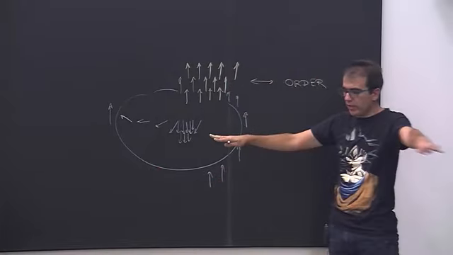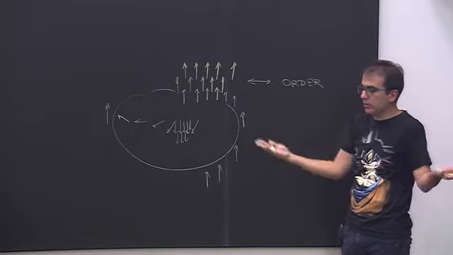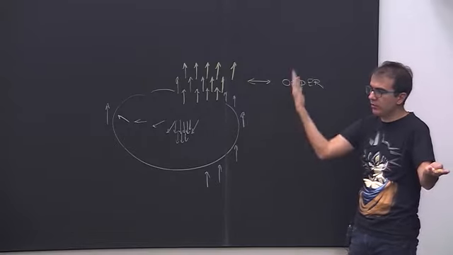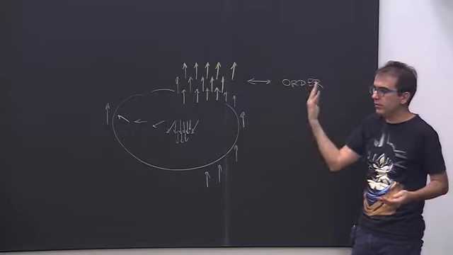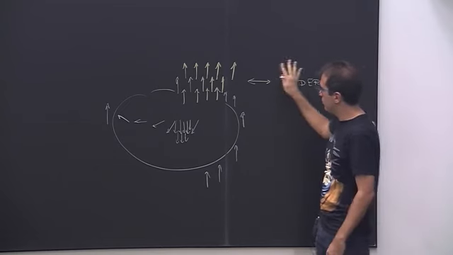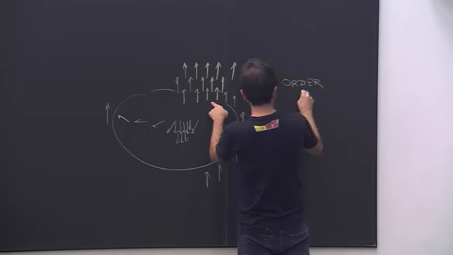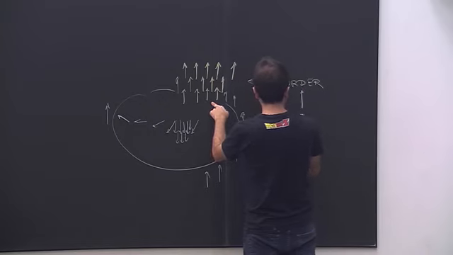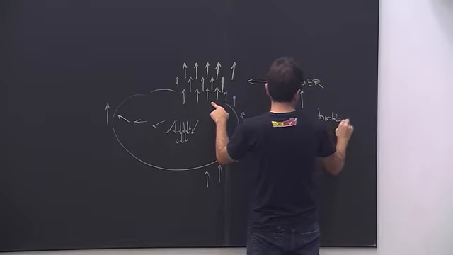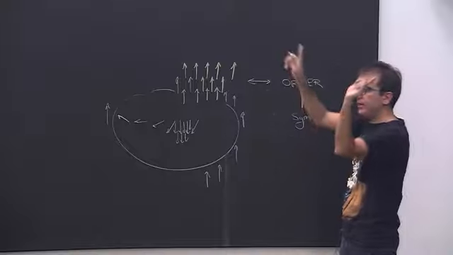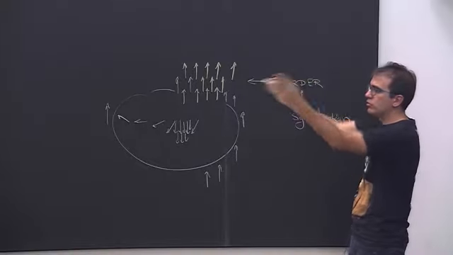So two-dimensional magnets would not work because of that. They would just prefer to be random, and they would not preserve order. So if there would be order here, it would mean that symmetry would be broken. Because we had many directions, they were all equivalent, but we chose one.